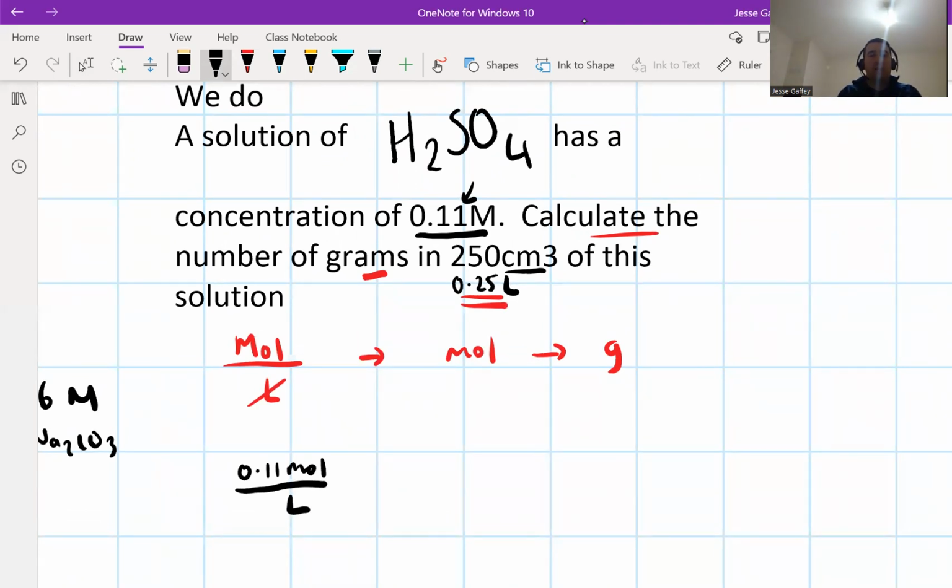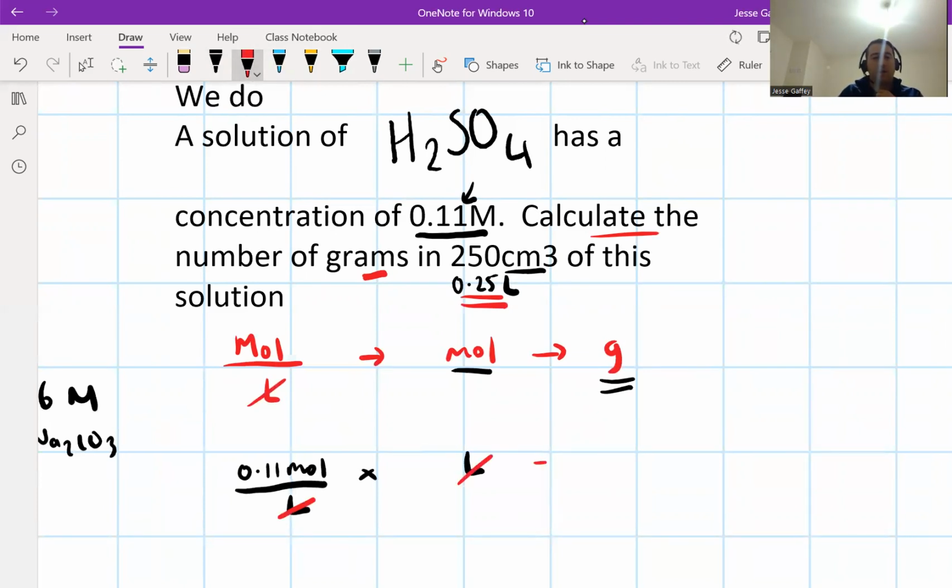Now I want to find out how many grams there are in 250 cm cubed, or 0.25 liters. Before I can find out how many grams I have, I can find out how many moles I have in 0.25 liters. I don't want the grams in a full liter. I need to cancel that. I need the amount for a different number of liters.